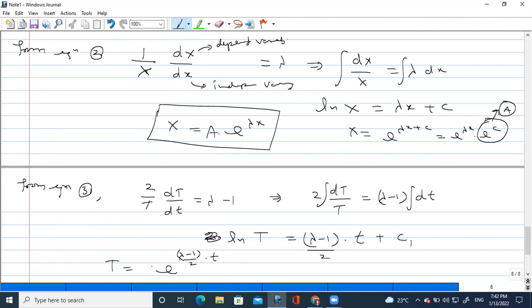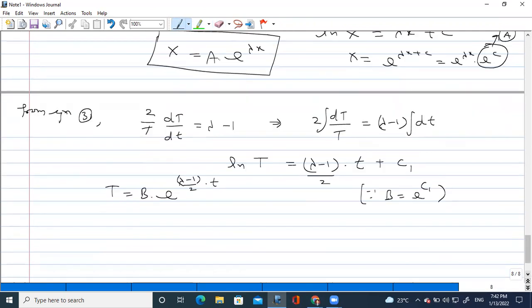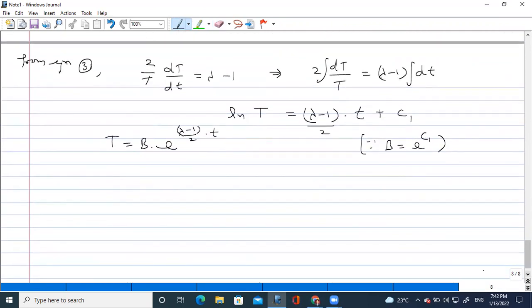That e to the power c1 I can put as some other constant b. Okay, here b is e to the power c1. Like this you can understand. So this is your b.